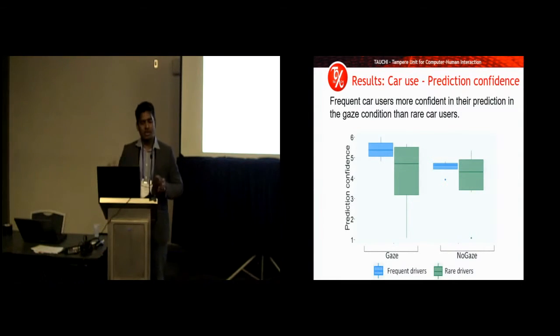Our results, even though there was no consistent difference in the accuracy of prediction, showed a noticeable difference in how confident they were with the use of gaze data. Frequent drivers were considerably more confident than rare drivers here. And the difference for the no gaze condition was not so different between the two sets of drivers.